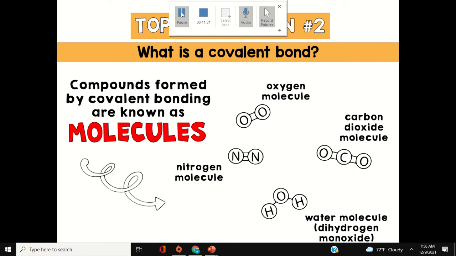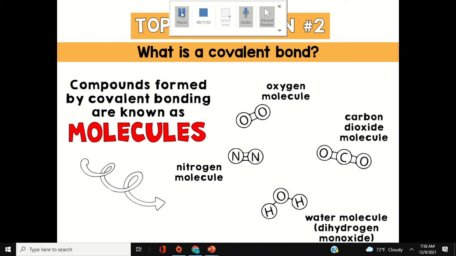Oxygen, so all diatomic elements have a covalent bond. If you don't remember what the diatomic elements are, that was in those atom doodle notes that you received. All diatomic elements, which is those elements that occur naturally in nature with 2 atoms, those are going to be covalent bonds. So oxygen is an example, okay?